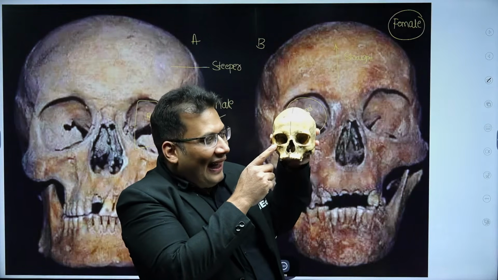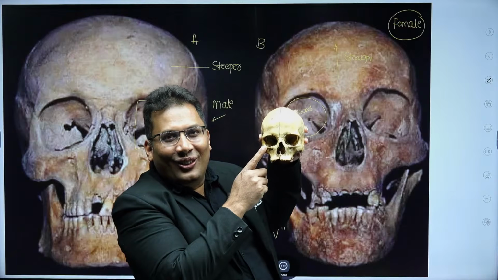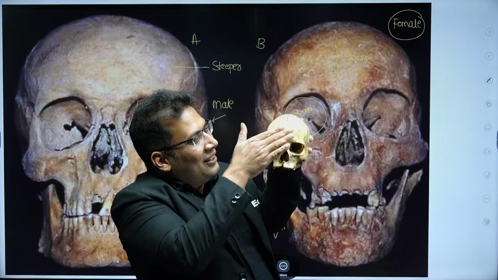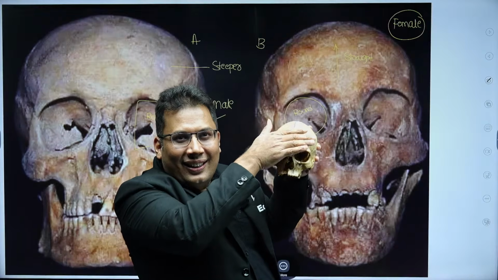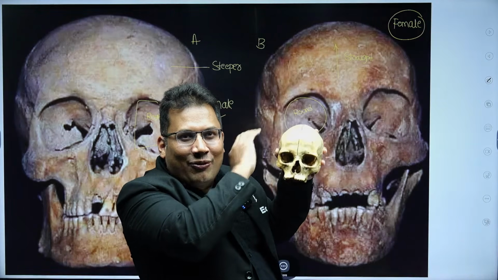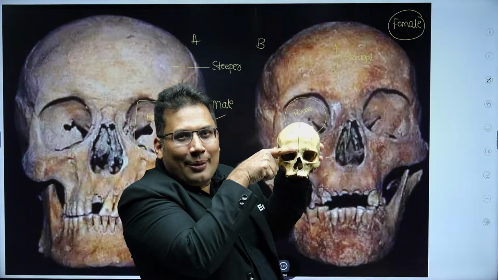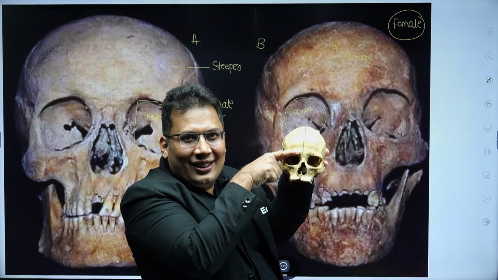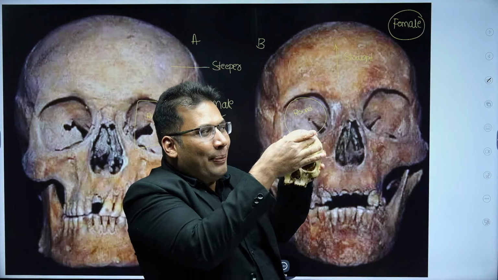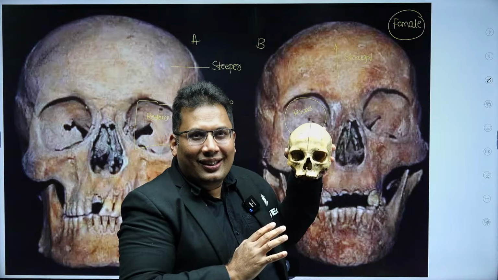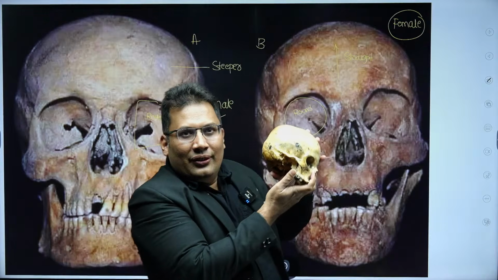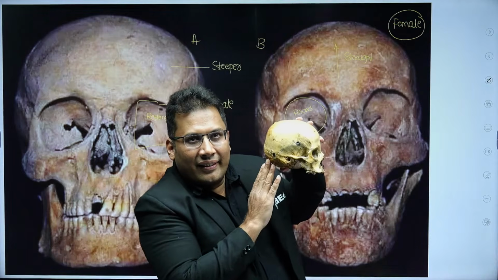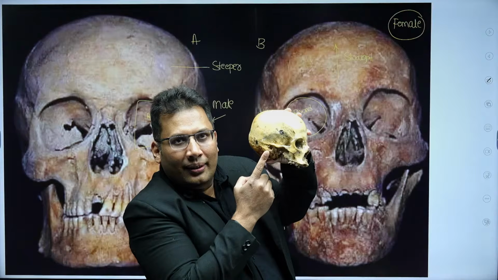Orbits are rectangular. You can make out here now. Very clearly visible. Forehead देखो. Steeper forehead है. Steeper forehead. Supraorbital margin prominent. Frontal parietal eminence is not prominent. Bony markings are prominent. Now look at the side. This is mastoid process.